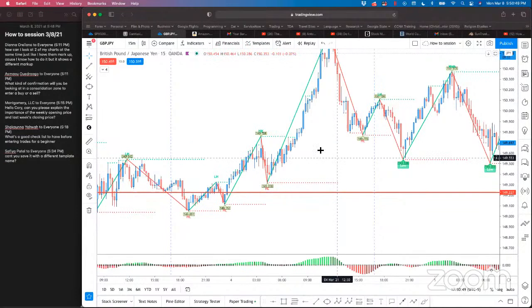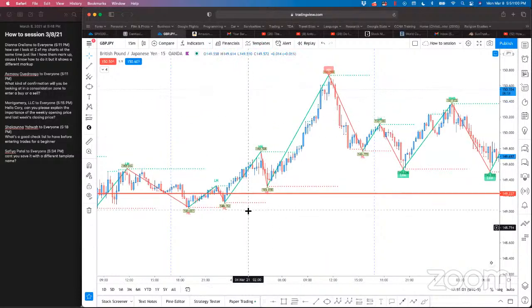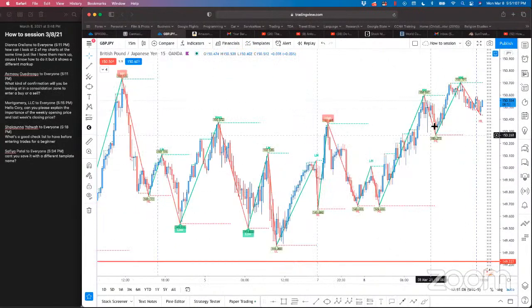But the main thing is, if you're going to be entering a trade, you need to know first, what is the higher time frame? If I look at this chart right now, just looking at the 15-minute, I would be like, oh, I should buy.